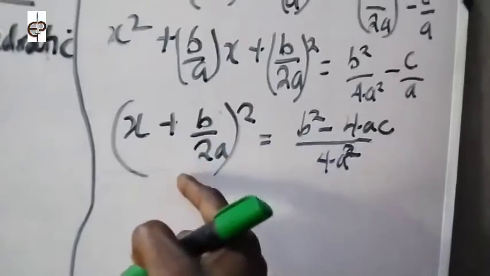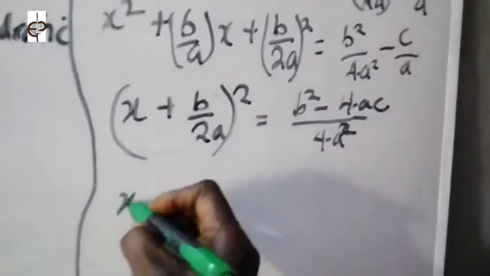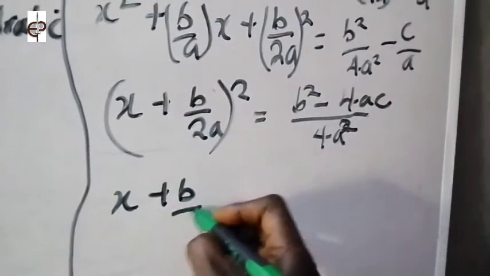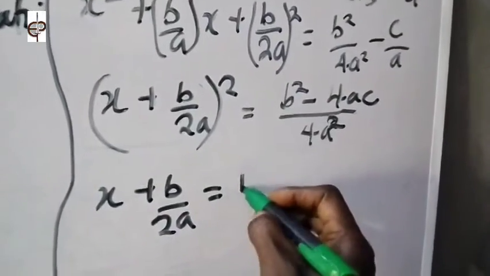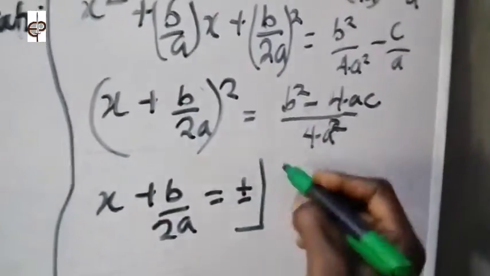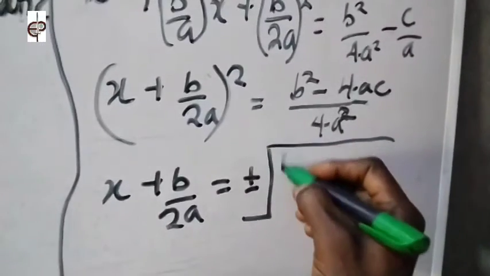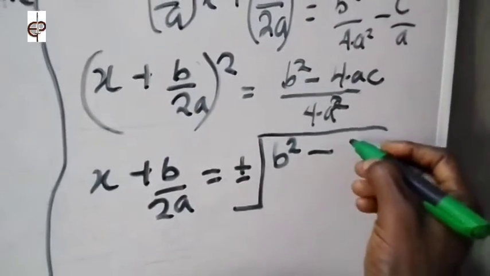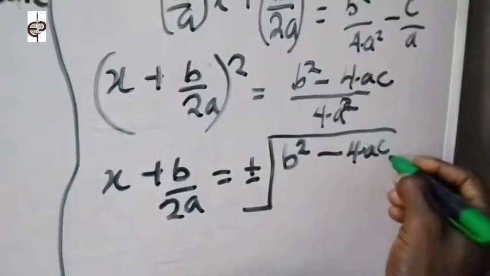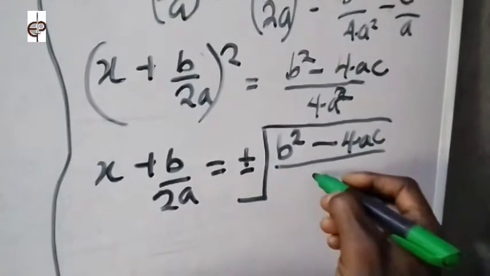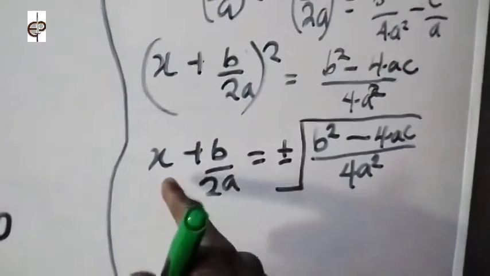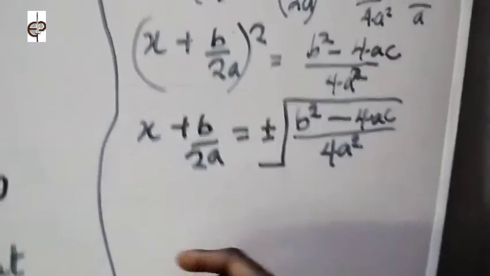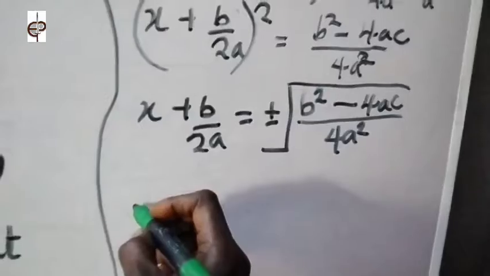Now if you remove this square, you will have x plus b over 2a is equal to plus or minus the square root of the expression, because it could be negative or positive. That is the reason for the plus or minus. Our concern is x, so we make x the subject of the formula.